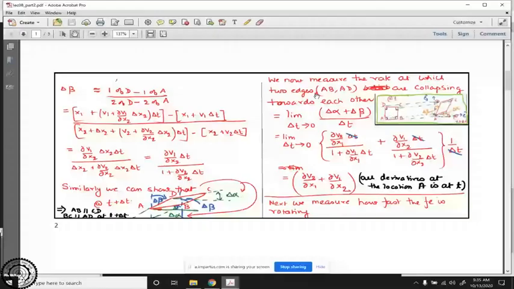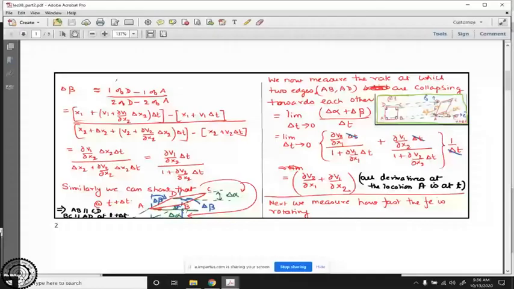I want to know the rate at which these two edges AB and AD are collapsing towards each other, right? Initially they were at 90 degrees, and if the body had been rigid, they would have always remained at 90 degrees. But since fluid is not rigid, it deforms. So AB and AD tend to collapse towards each other, right? That's what is being seen even in this freehand sketch.